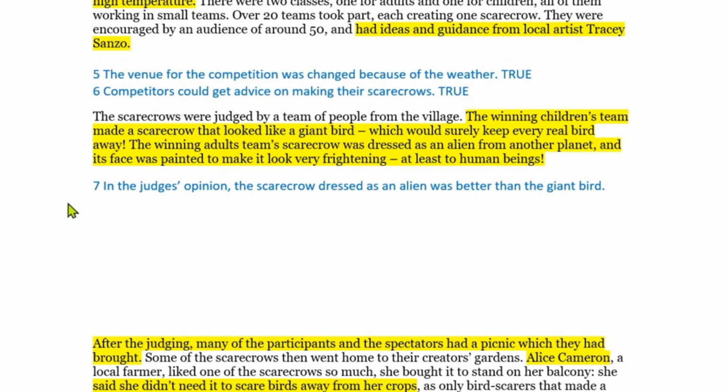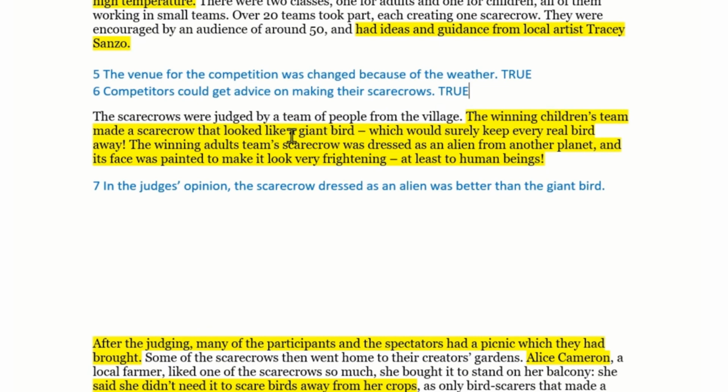Okay, and then number 7, in the judge's opinion, the scarecrow dressed as an alien was better than the giant bird. Now the bit I've highlighted here says, the winning children's team made a scarecrow that looked like a giant bird, which would surely keep every real bird away. The winning adult team's scarecrow was dressed as an alien from another planet, and its face was painted to make it look very frightening, at least to human beings.